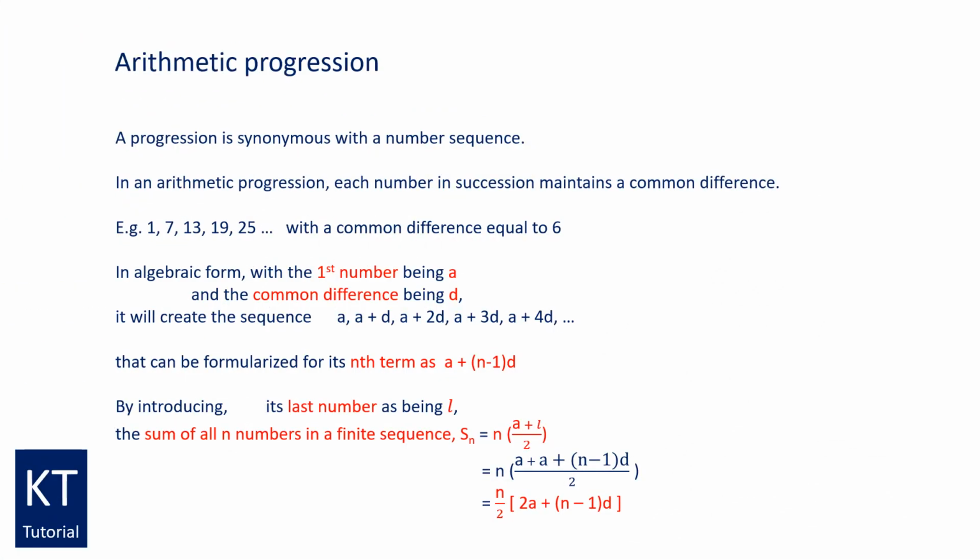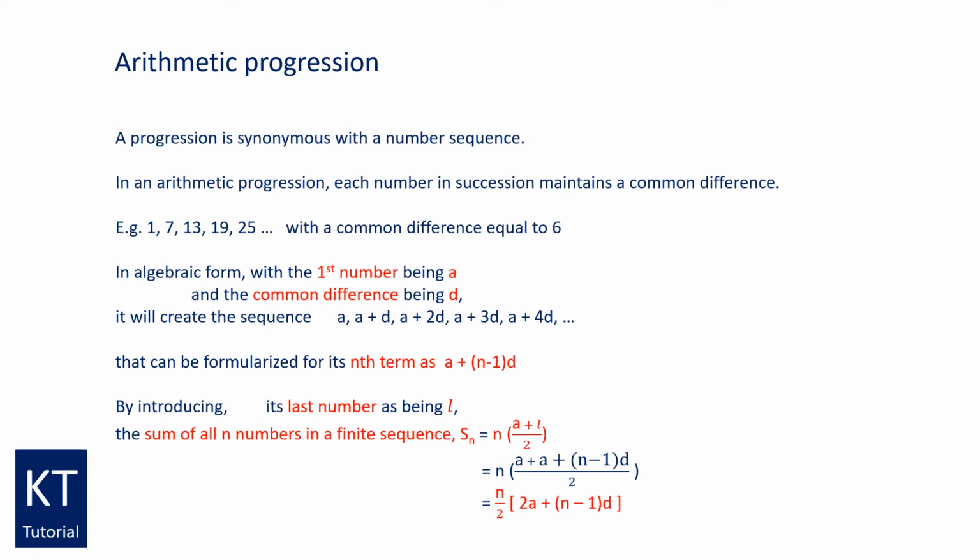In an arithmetic progression, each number in succession maintains a common difference. For example, 1, 7, 13, 19, 25, and so on has a common difference equal to 6, with the first number being labeled a and the common difference being labeled d.